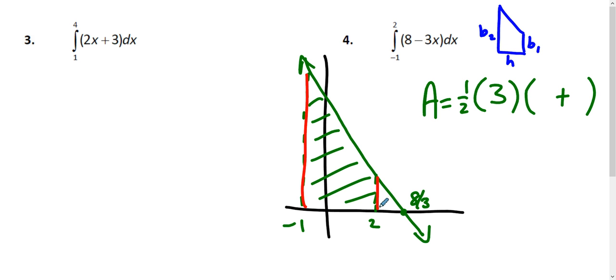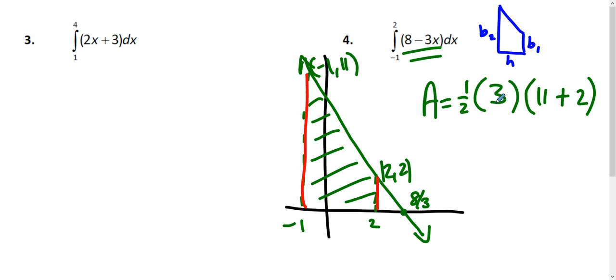Well, how do you find those two lengths? Well, that's the function you graphed. So when x equals 2, the y value is 2. And when x equals -1, the y value is 11. So the bases are 11 and 2.